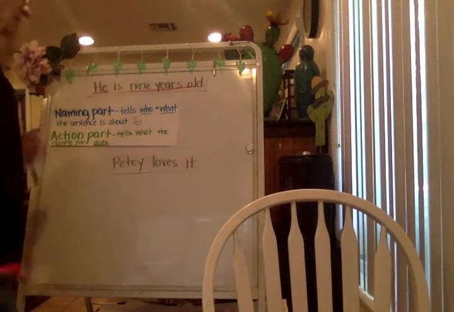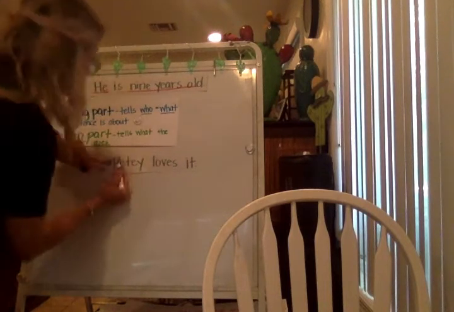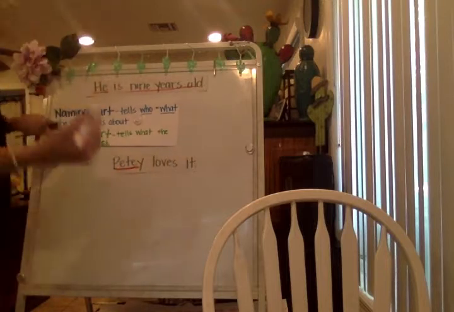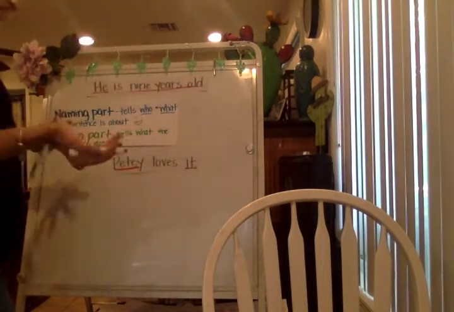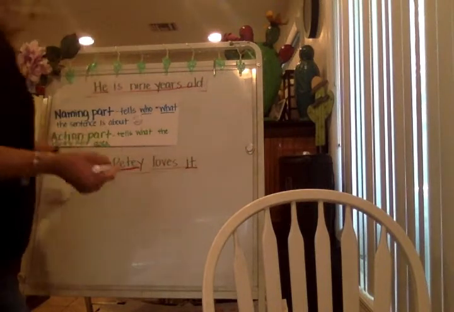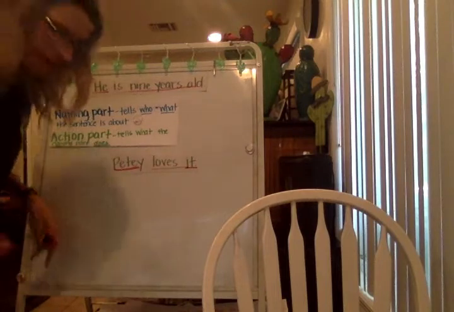Petey loves it. Well, I don't know what it is, but here, Petey is the naming part, and it, I don't know, loves it. I don't know what he loves. I feel like there's something missing from this.